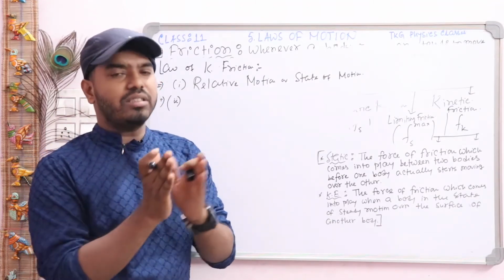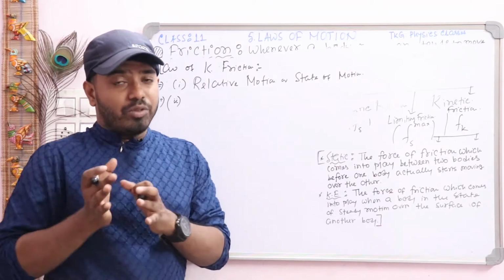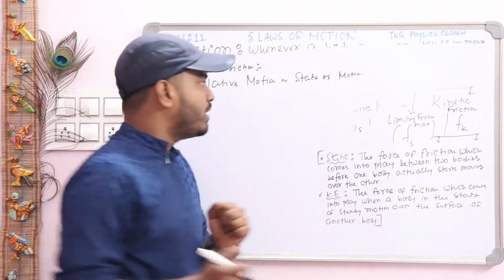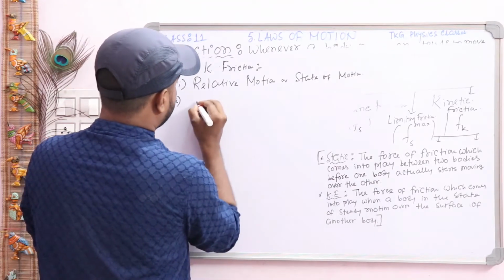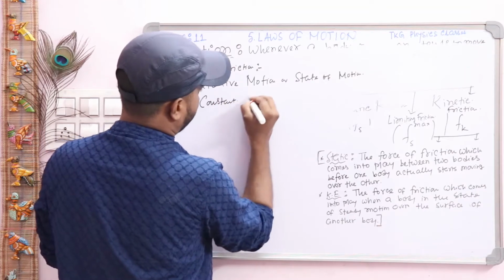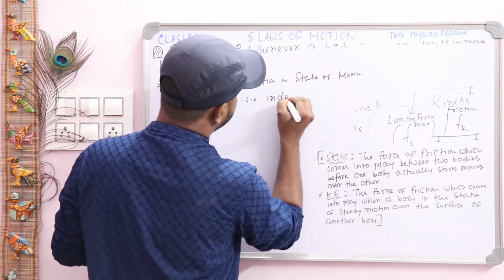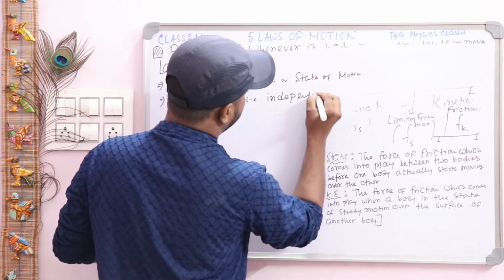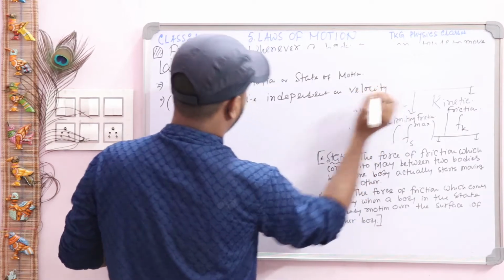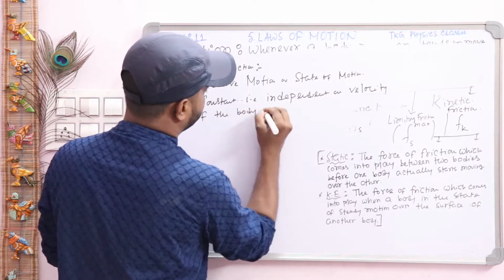The body may be moving faster or slower, it doesn't depend. So the second point, the kinetic frictional force gives a constant value that is independent of the velocity with which the body is moving.